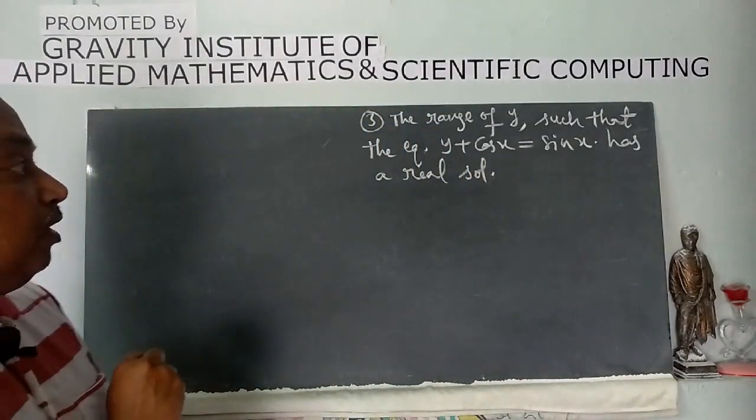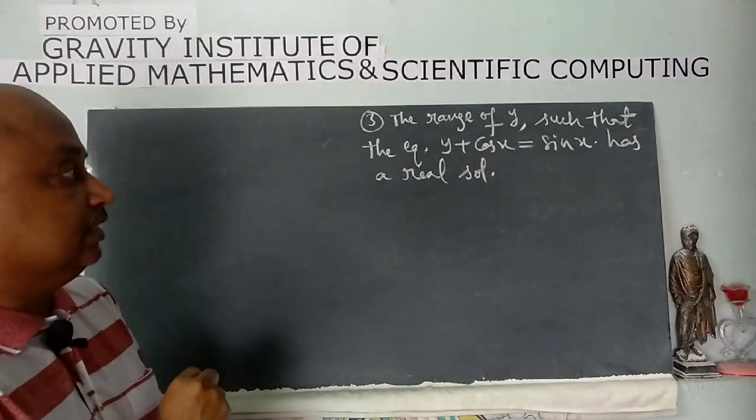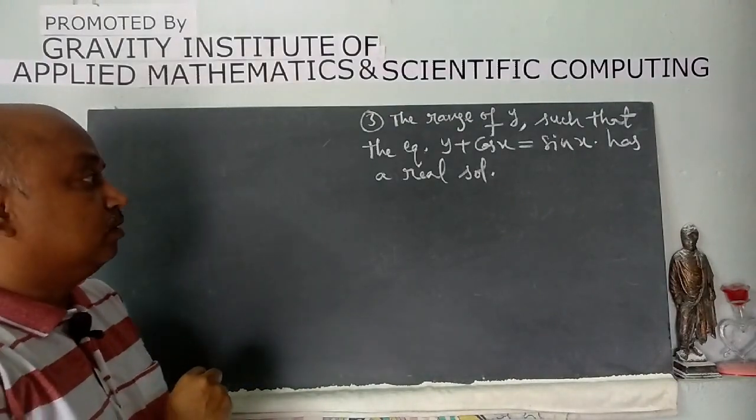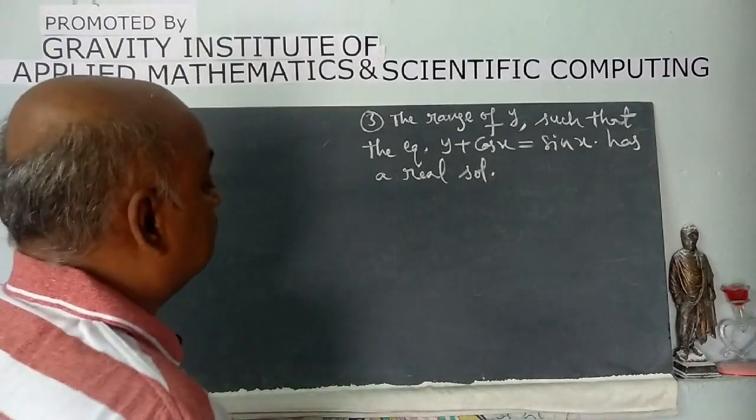Here the trigonometric equation is y plus cos x is equal to sin x, and x belongs to the set of real numbers.